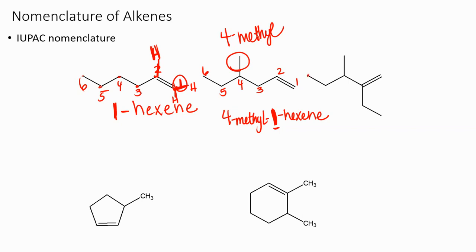Now let's go over to the next example. 1, 2, 3, 4, 5. That bridges over the double bond. Some folks might try a carbon chain that goes down because it might find a higher number in the chain. 1, 2, 3, 4, 5, 6.